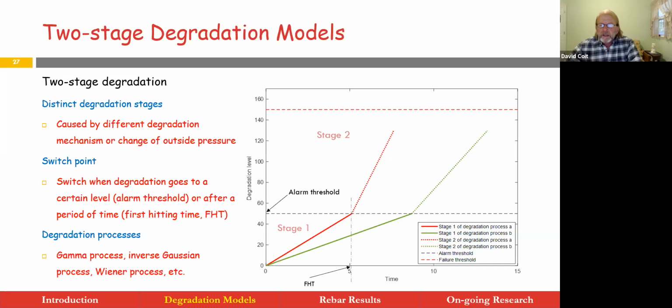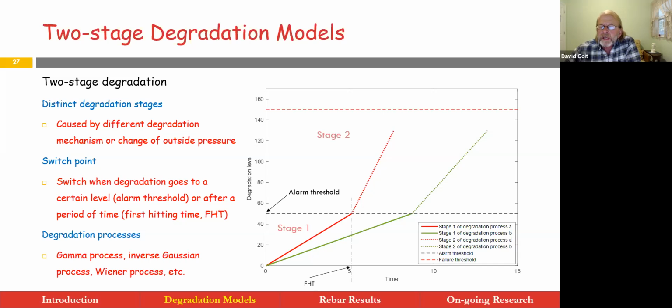We see here the red and the green line, and this would be the expected value. So we've taken away the random variation. But what we see is that at some point, the degradation fundamentally shifts. And there's been work done. As I said, we recently wrote a paper, and there's differences. One is, what causes it to shift, and when does it shift?